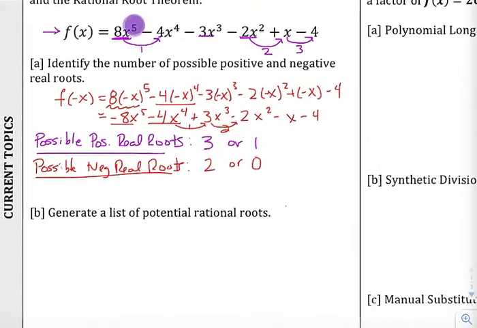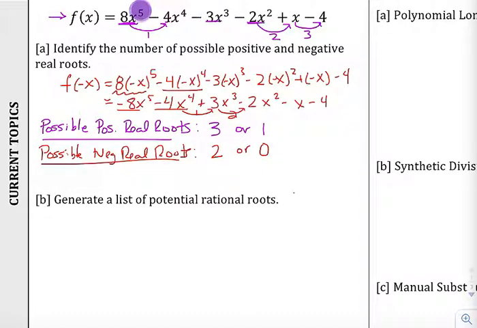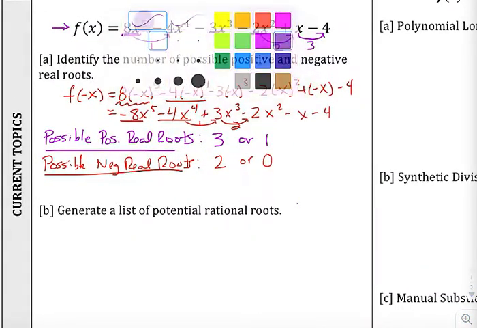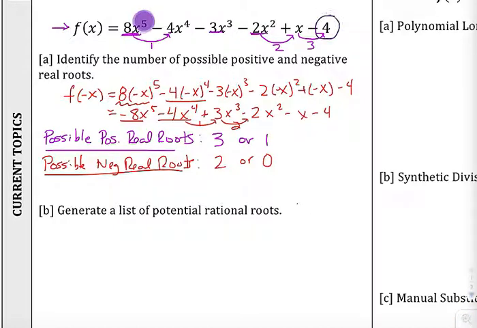Now, the second thing we're asked to do is to generate a list of potential rational roots, just using the rational root theorem. So to use the rational root theorem, what we're going to do is two things. We're going to look at the last term, which is a 4, and the first coefficient, which is an 8, and we're going to try to figure out all the different combinations, fractions we can get from that. Remember, rational just means can be expressed as a fraction.